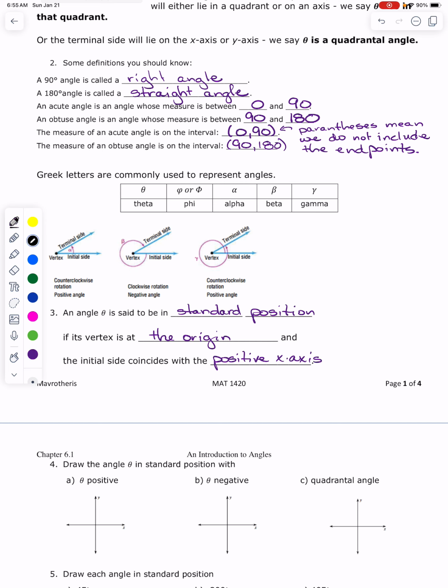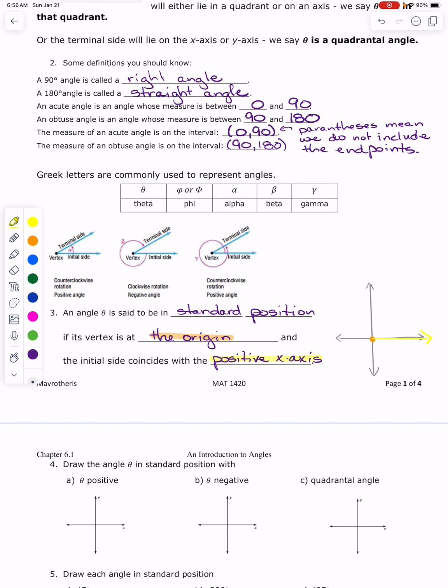So if we have our imaginary coordinate grid here, my origin right here where my two axes intersect, my positive x-axis here, is this side.